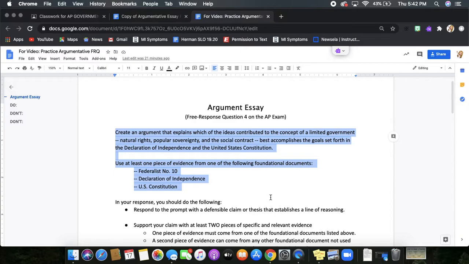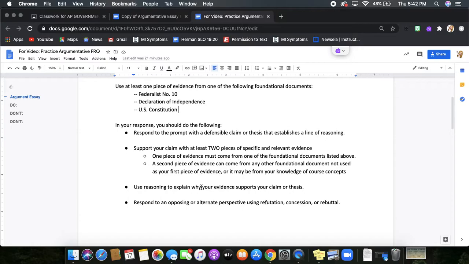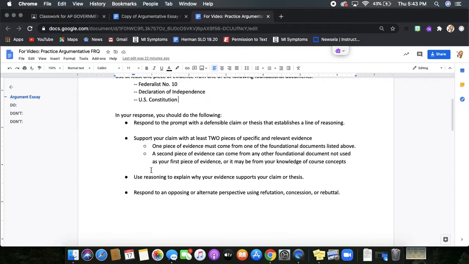You must use at least one piece of evidence from one of the following foundational documents: Federalist 10, Declaration of Independence, U.S. Constitution. Okay, and then below here is a real basic outline of the rubric. This is what you would see on your test. You don't get the whole full rubric outline that I just showed you. You only get these bullet point reminders. Okay, so keep that in mind. Make sure you know your rubric.